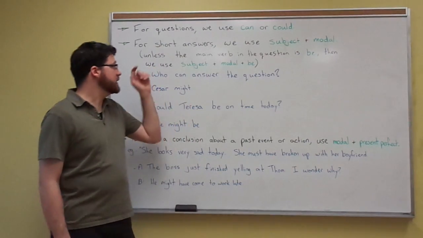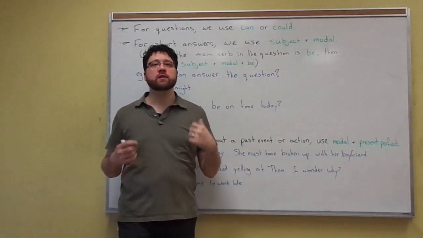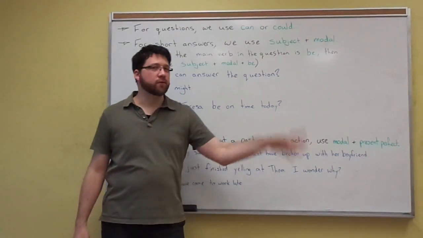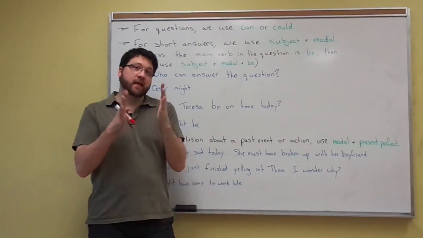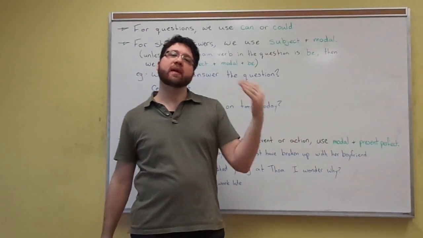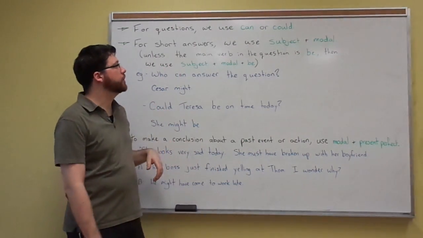The first is that for short answers, we only have to use the subject and the modal. We don't need the verb, we don't need the object. This makes our answers, again, short, instead of having a very long answer where you repeat things from the question. It's just not necessary.